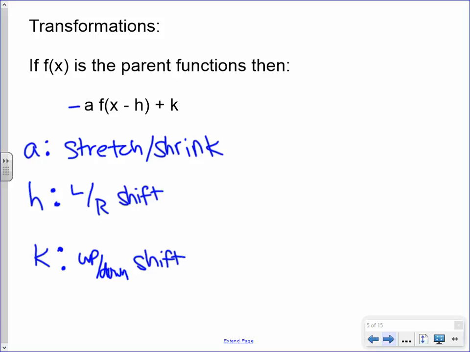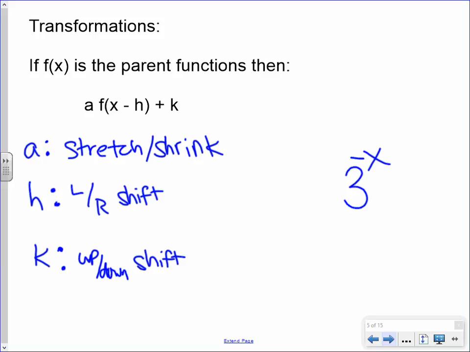Which one? X. If we have negative 3 to the x, it's going to flip it across the x-axis, as opposed to 3 to the negative x, which is going to flip it about the y-axis.